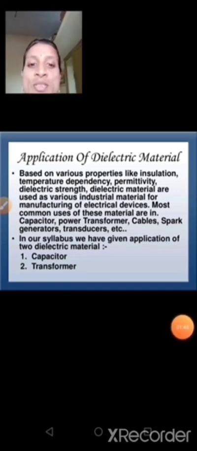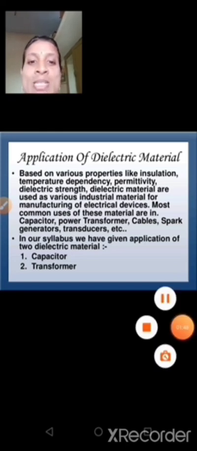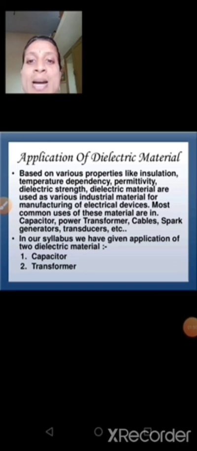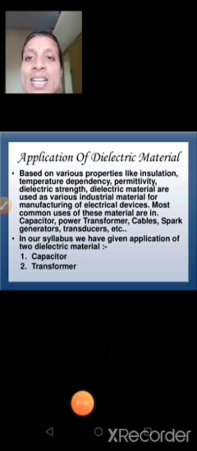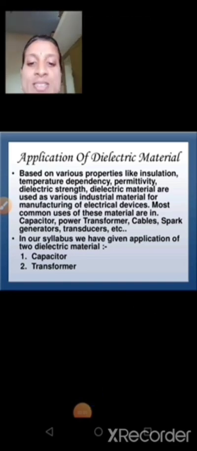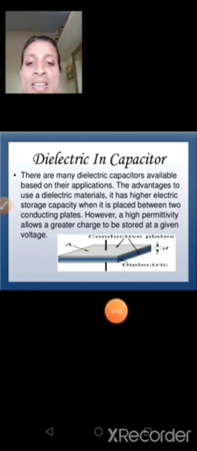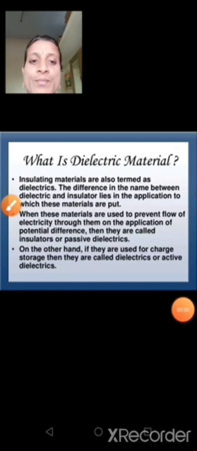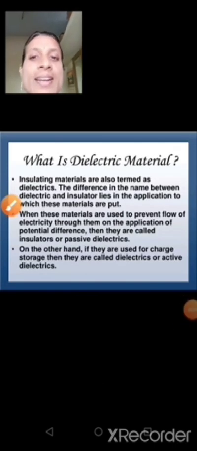Most common uses of these materials are in capacitors, power transformers, cables, spark generators and transducers. In our syllabus, two applications of dielectric materials are given: capacitors and transformers. Later, dielectric materials are examples of insulators.